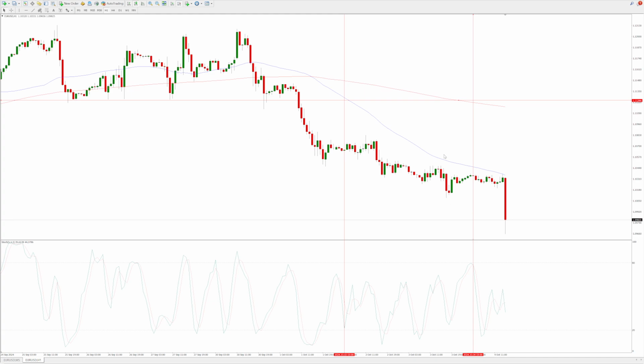It's worth mentioning as well that there are other opportunities before we could have considered entering. Even though the stochastic was not in the overbought zone, we still could have considered taking sell trades when there was a crossover, provided it was above the 50 level of the stochastic. We can add a 50 level in there.